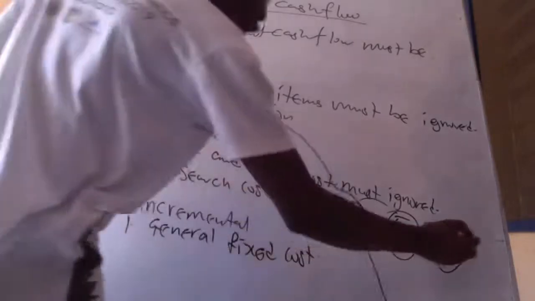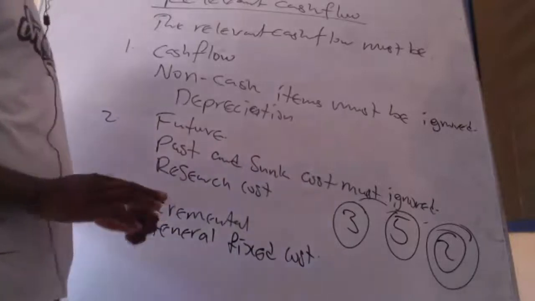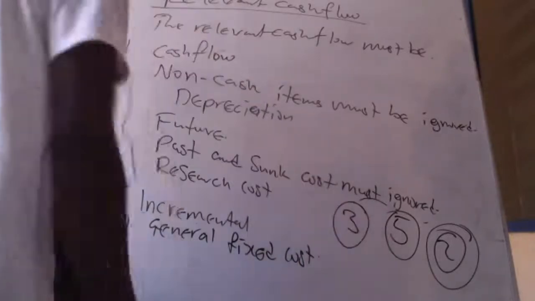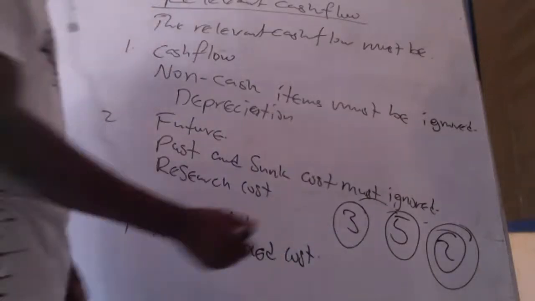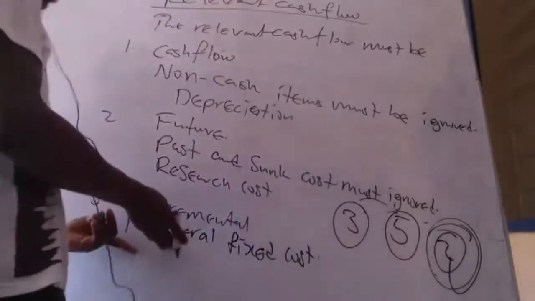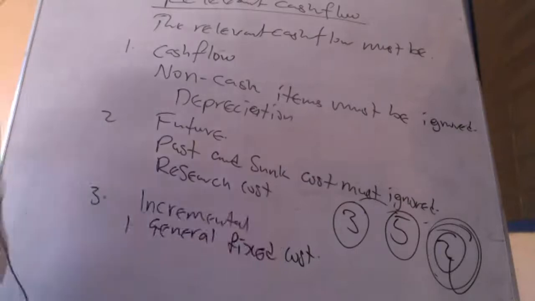That becomes incremental. It is directly related to the project because your normal capacity is 3, but now you need 5 because of the project. So any amount that you pay for the extra 2 rooms must be added. That's not general. It is what? Incremental. It is incidental.